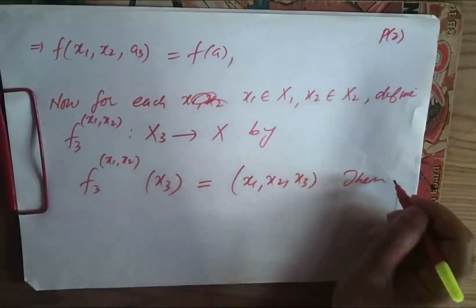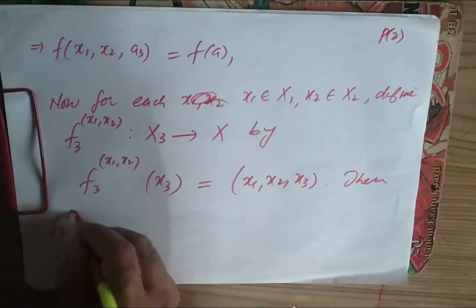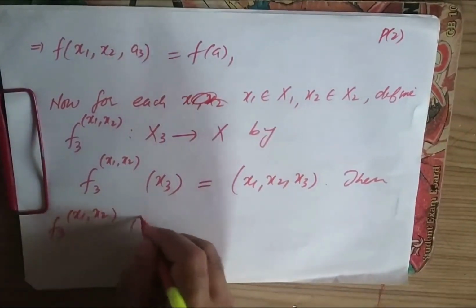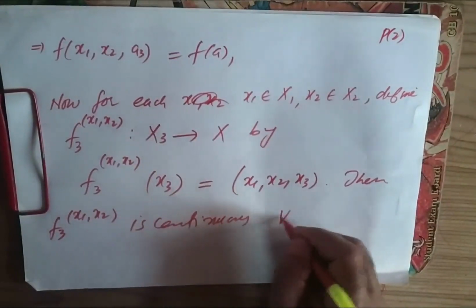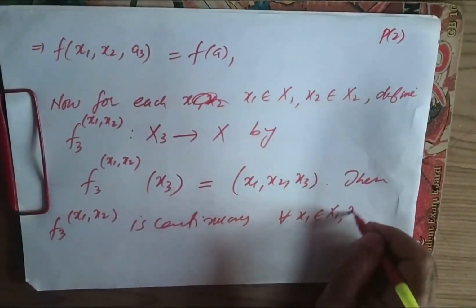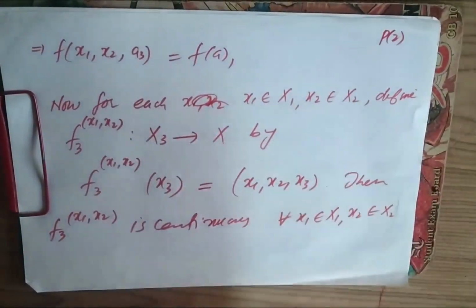Then this f3 x1 x2 is also continuous for all x1 belonging to X1, x2 belonging to X2.